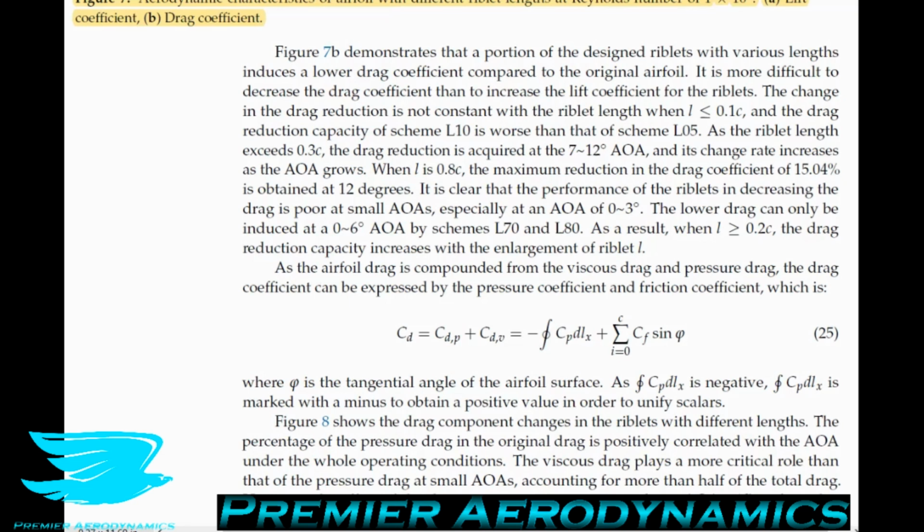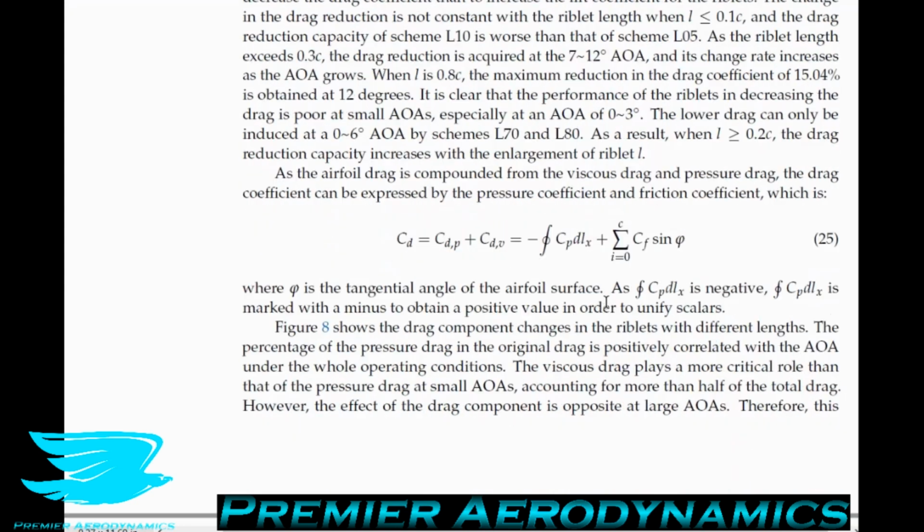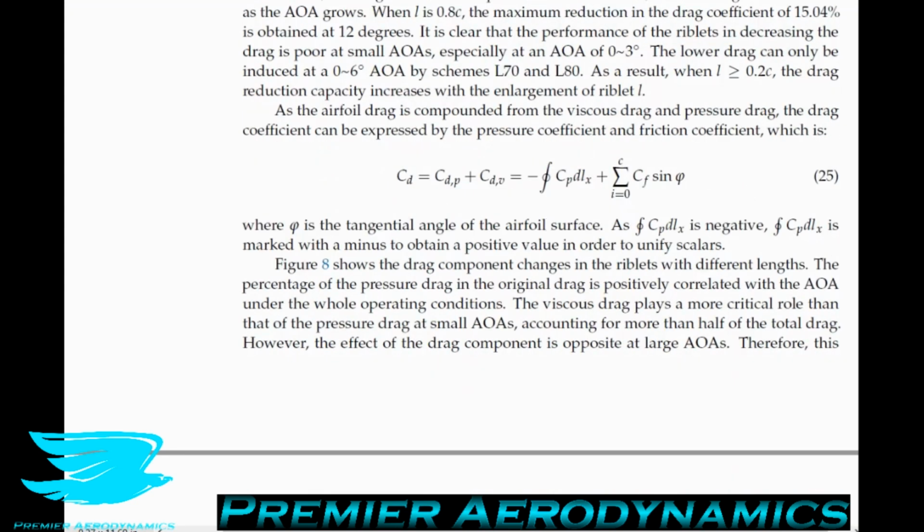And they have an equation here. It looks somewhat complicated, but it's very simple once you understand the theory behind it. So what it means is the drag coefficient equals the pressure drag coefficient plus the viscous drag coefficient. The pressure drag coefficient equals the closed integral over the airfoil surface of the pressure coefficient times the distance that you're going in the x direction, so it's in the free stream direction.